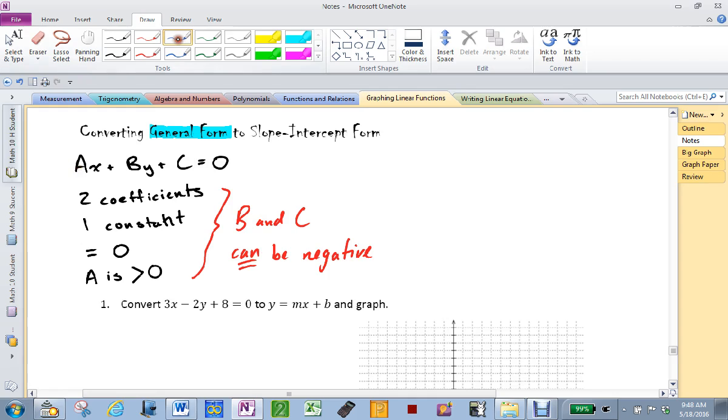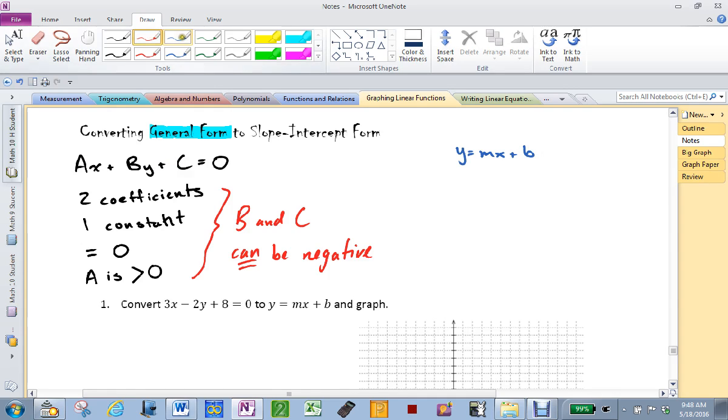Now, I will call your attention to the other forms we know. y equals mx plus b. Notice I use a small b, small m, but isn't this a y, an x, and a constant? Isn't this a y, an x, and a constant? So they're all built of the same stuff, aren't they?